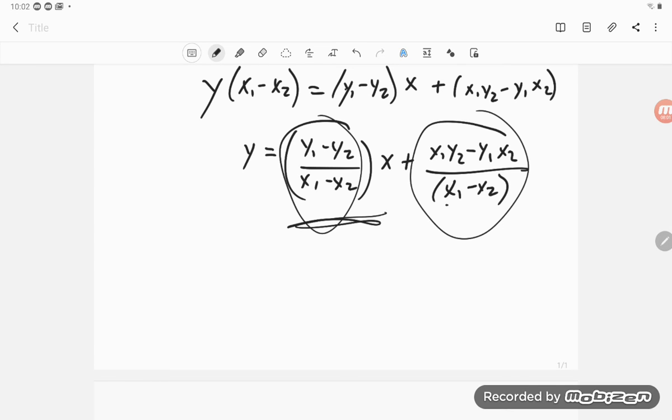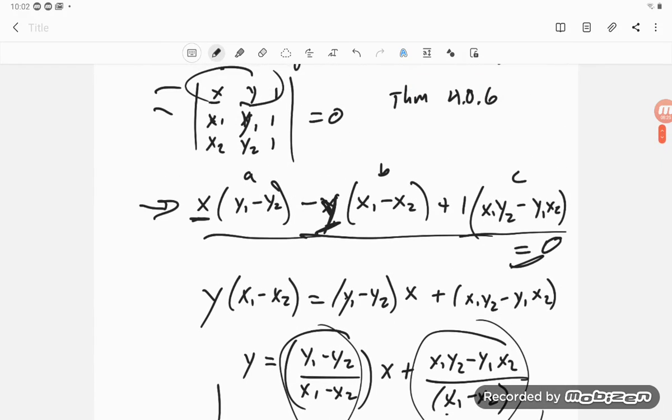So the slope is fine, and here I can do some algebra on this, and I can get this whole thing into a point slope form, okay? Which would then, for us, be very recognizable that yes, x1, y1 and then x2, y2 are on this line, okay? But we know this equality works for x1, y1 and x2, y2 because of theorem 4.06.